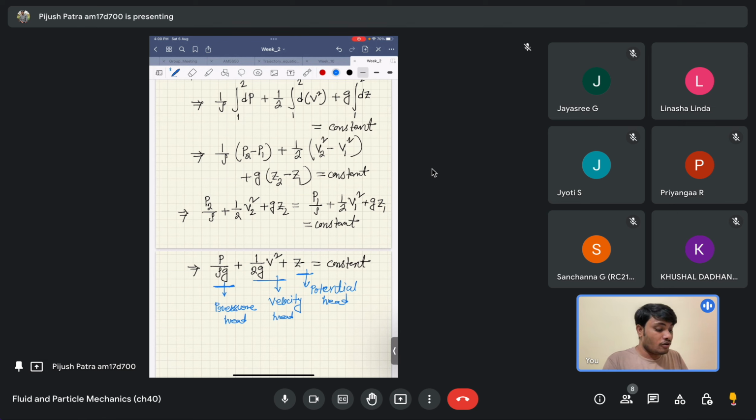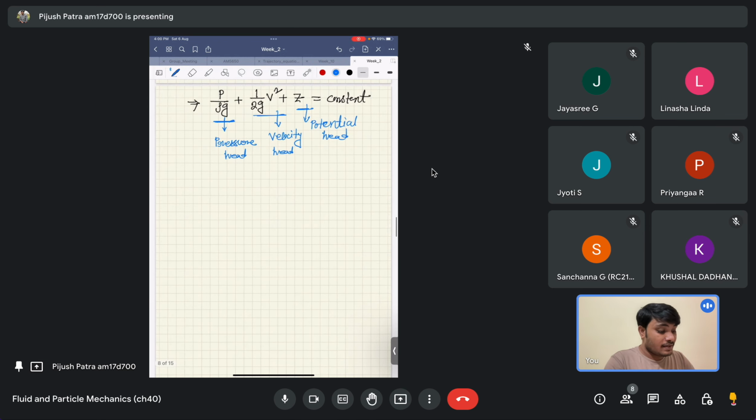So this is the kinetic energy term, this is the potential energy term, and this is energy related to pressure. So the summation of these three is constant. That's what you can say, that this simplified Bernoulli's equation is also the conservation of energy. But this is coming after a lot of assumptions that you need to state.